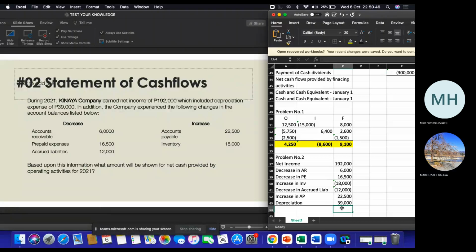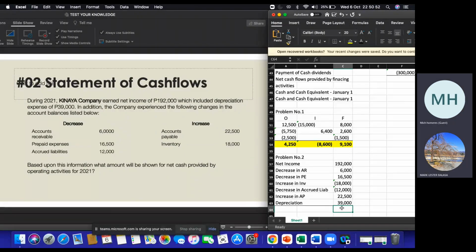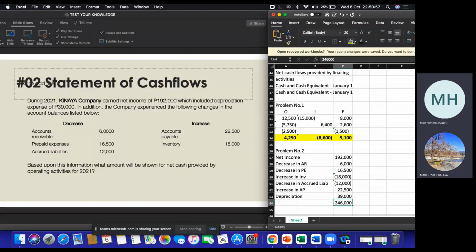Magkano? 246. Right? So we're done with problem number 2 class.